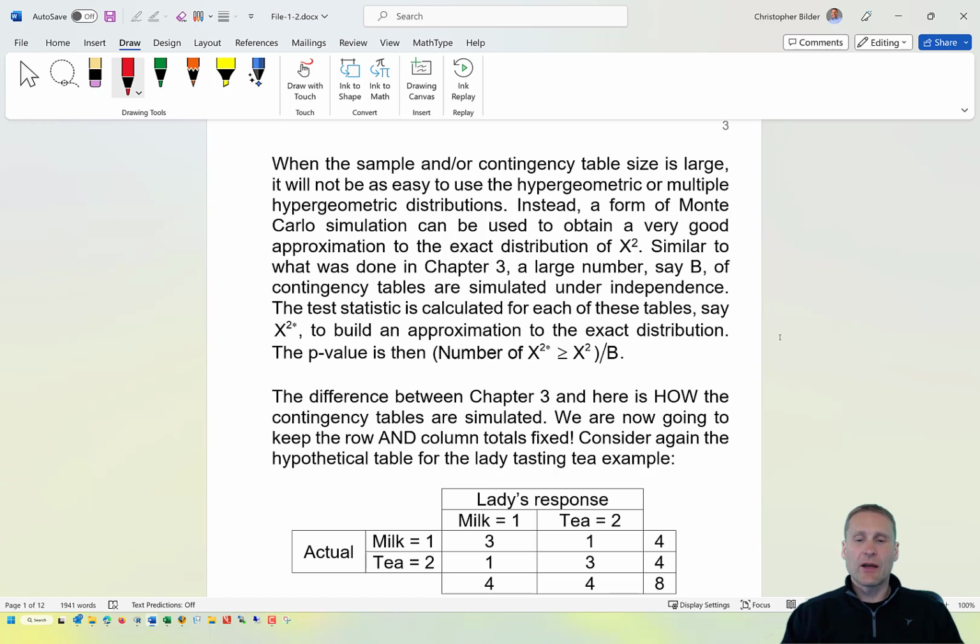In particular, for a large number B of contingency tables, we're going to simulate B contingency tables under the null hypothesis of independence. For each contingency table, we're going to calculate X squared star. And maybe we repeat this B equals 1,000 times. If I do a histogram of all these X squared stars, that gives me, since B is large, a good estimate of what the actual probability distribution is for X squared.